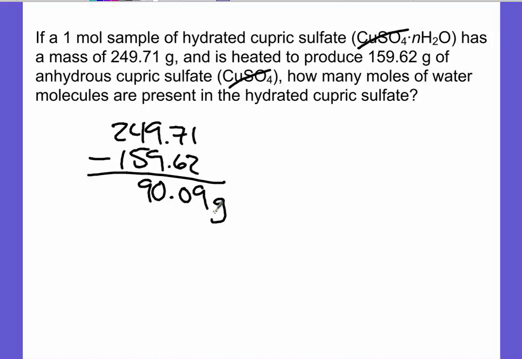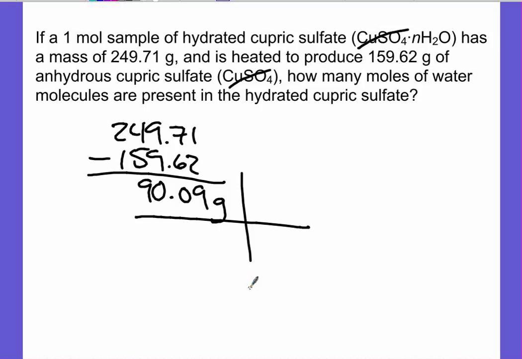But I just want to change grams into moles, so I'm going to use a molar mass. Did we have the molar mass of water in these notes? Oh, 18.02. 18.02 grams per mole.